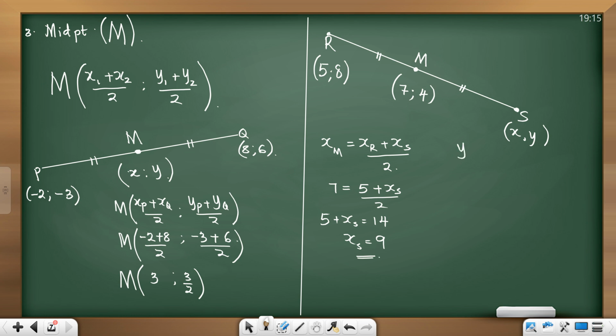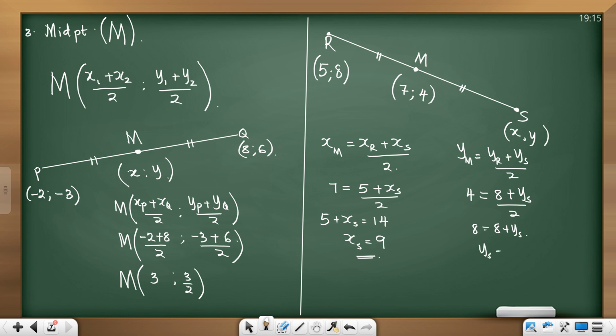Then the same thing. Y midpoint is (YR plus YS) over 2. What is the Y midpoint? 4. YR is 8, plus YS, over 2. So 8 equals 8 plus YS.